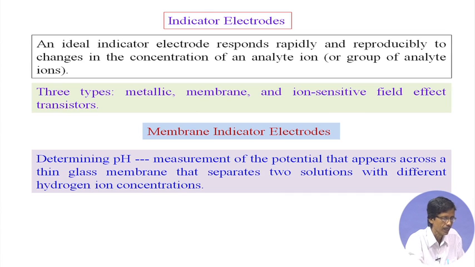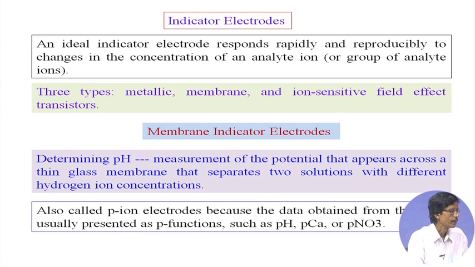On one side of the membrane you have one solution, and on the other side you have a different one. So, here also we are considering the glass membrane, which is nothing but a membrane made of glass, and on both sides of that membrane you have two different concentrations of the hydrogen ion, and that can be sensed by your electrode potential.